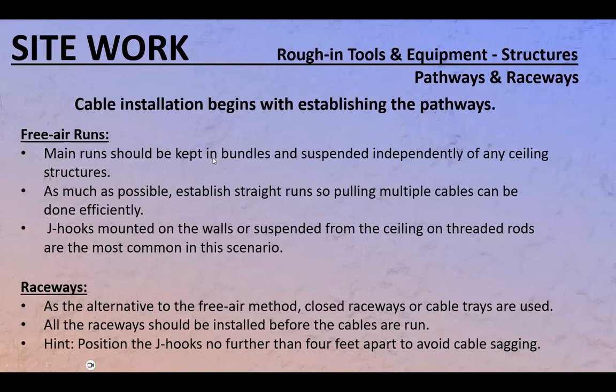So main runs should be kept in bundles and suspended independently of any ceiling structures. It's important not to tie the cables to the ceiling grid supporting rods. We should not be doing that. The reason for that is fire regulations. Believe it or not, if, God forbid, there's a fire, then the fire crews have to go in there, and sometimes they have to take down some of the structure.